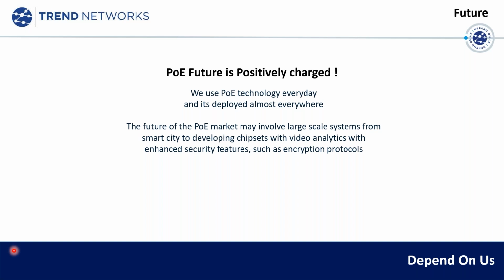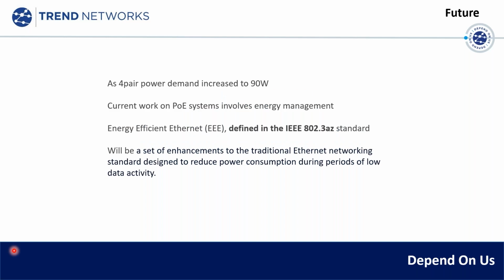So as you can see here, PoE technology is used everywhere it's deployed. It's deployed throughout various systems. The future is going to see PoE deployed into different areas. Right now, what they are working on in PoE is to reduce the power consumption for 90 watt. The idea is the consideration of green PoE.